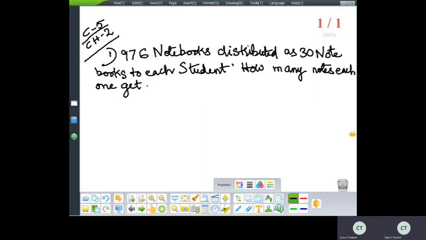Okay. So how many notebooks will remain?